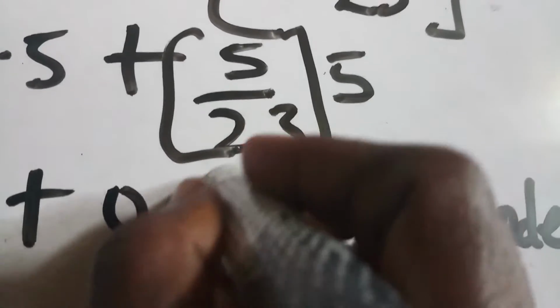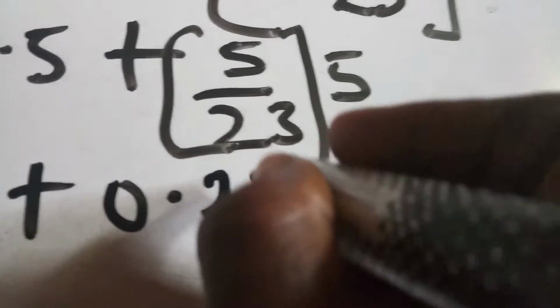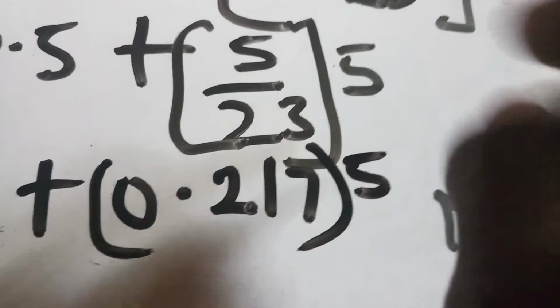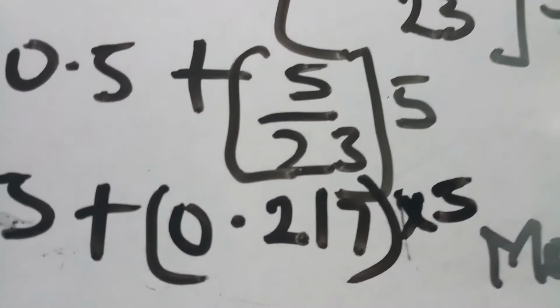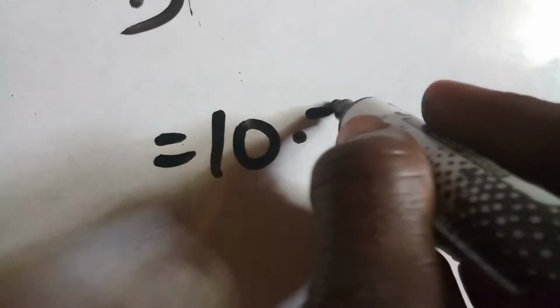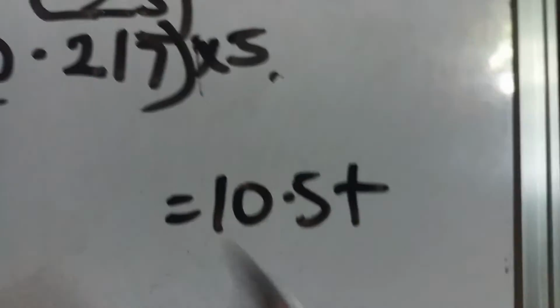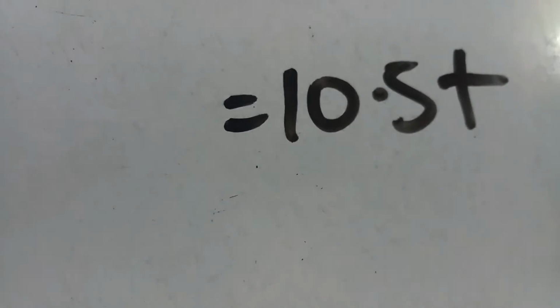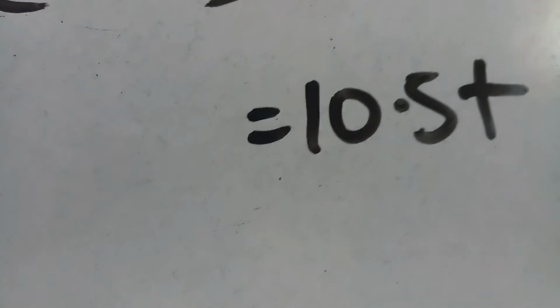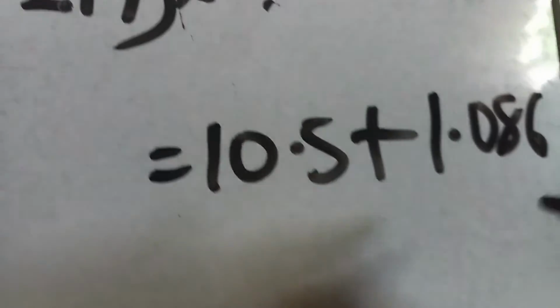You have 0.217 bracket times 5. So our 10.5 plus 0.217 times 5 gives us 1.086.